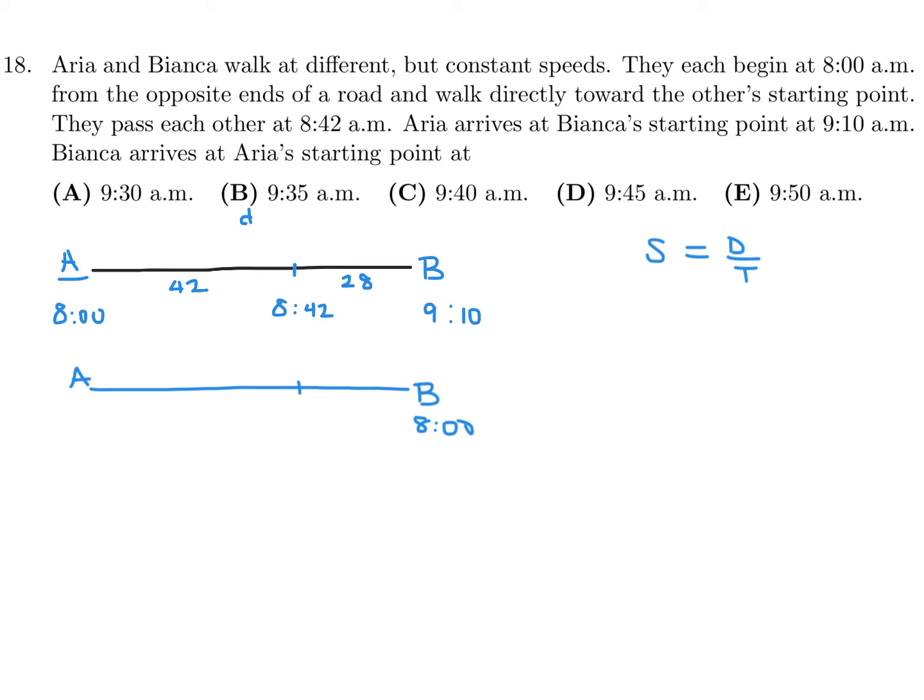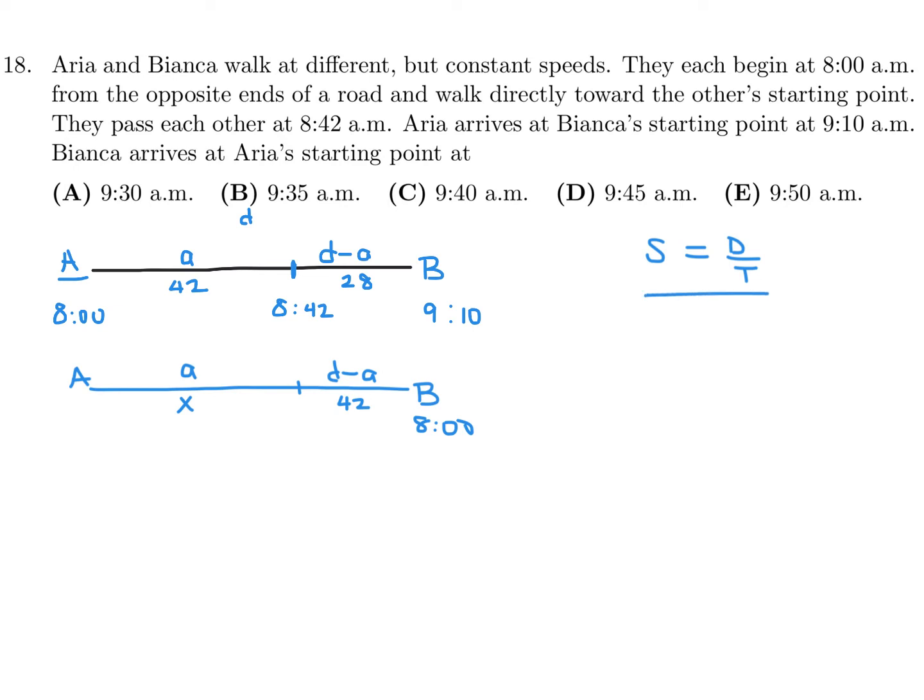Similarly, the time for Bianca is 42 minutes from there to there, but from here we don't know. That part we don't know. Then I'm going to label the distance from A to this point at 8:42 as A, and therefore this will be D minus A. And very similarly, those distances will be the same. Okay, so that's about as far as I can go with labeling.